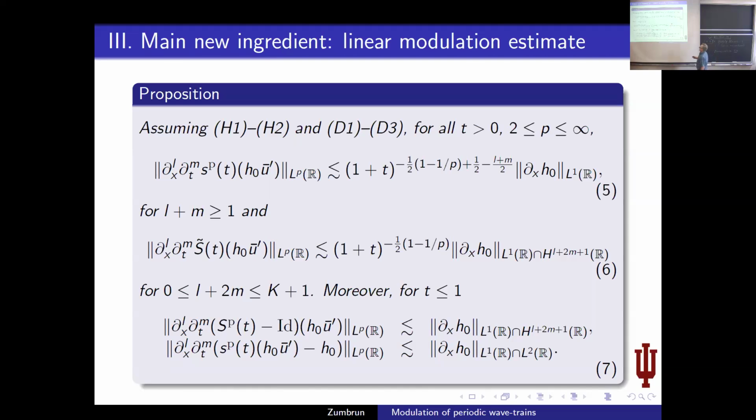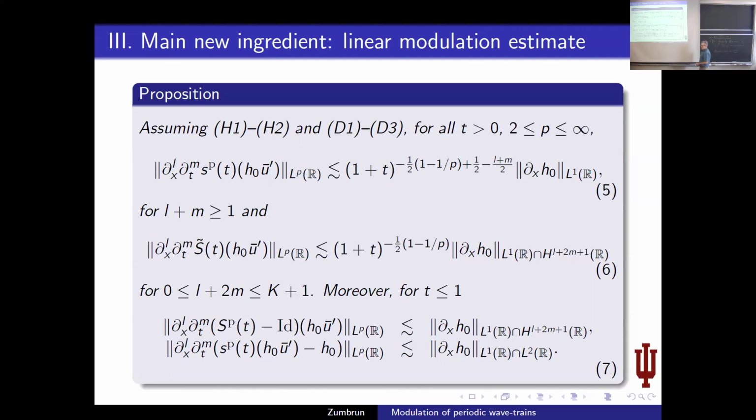Okay, and for t less than or equal to 1, for the localized data case, there's some initial layer problem between our linearized picture and the actual nonlinear picture. As you can see, what I did here is not exact, so there's going to be some issue there. We took care of it easily in the localized data case by just setting SP to be 0 at t equals 0.